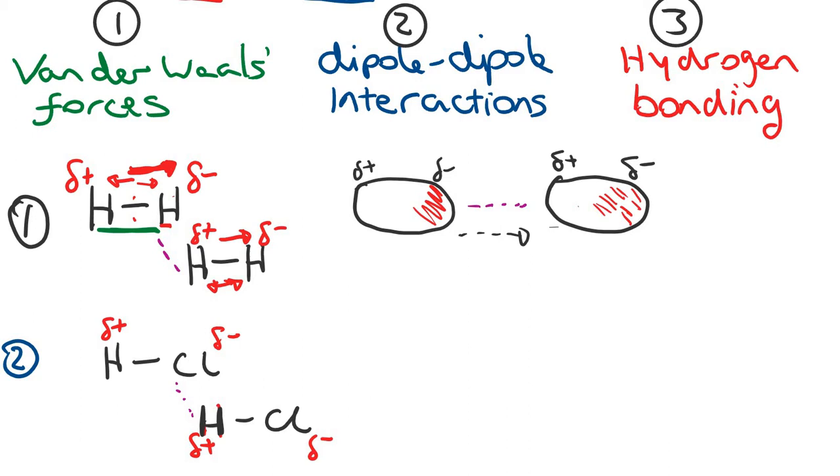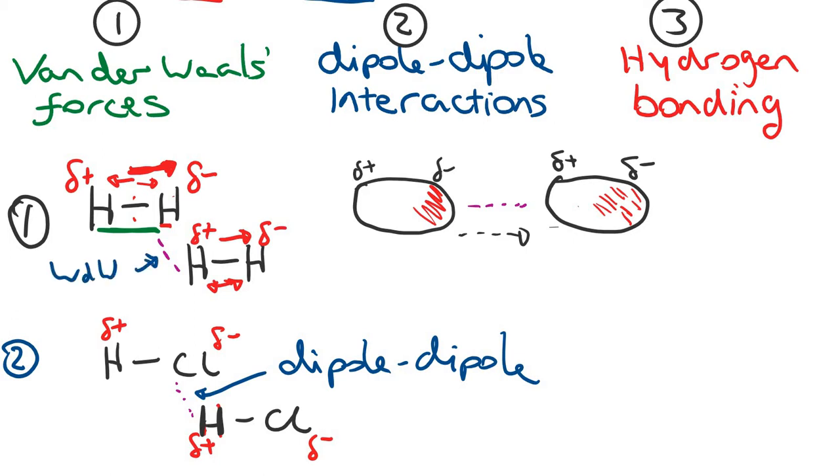So just to write that out, it's that interaction which is the dipole-dipole. And from above, this is the van der Waals force of attraction there. Now, dipole-dipole interactions tend to be much stronger than van der Waals forces of attraction. The reason is that there's a permanent partial charge on the molecule and therefore a permanent energetically favorable interaction between molecules.